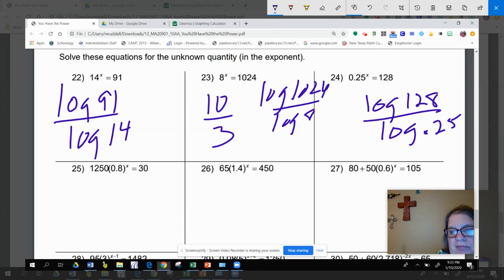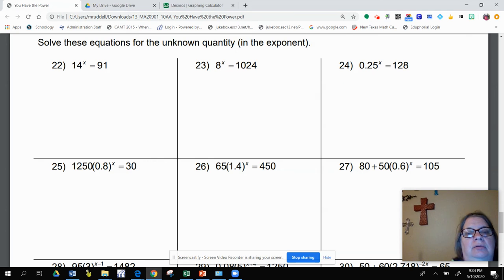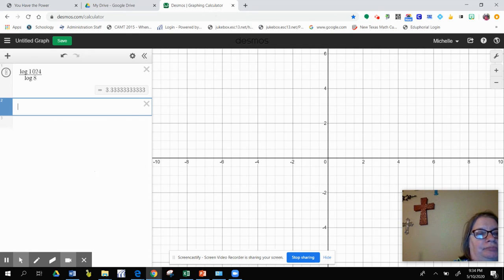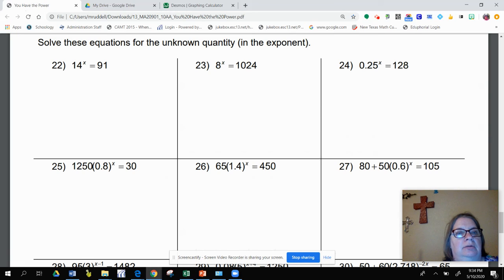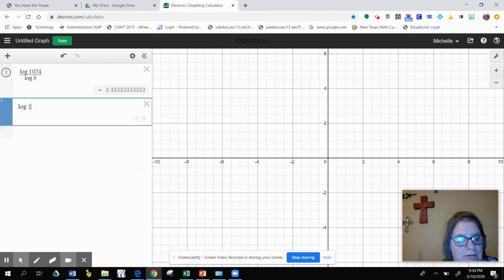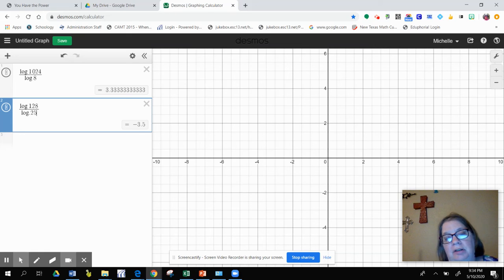You know it's going to end up being that change of base property, log 128 divided by log 0.25. I already forgot it. What was it? 128 divided by log 0.25, negative 3.5.